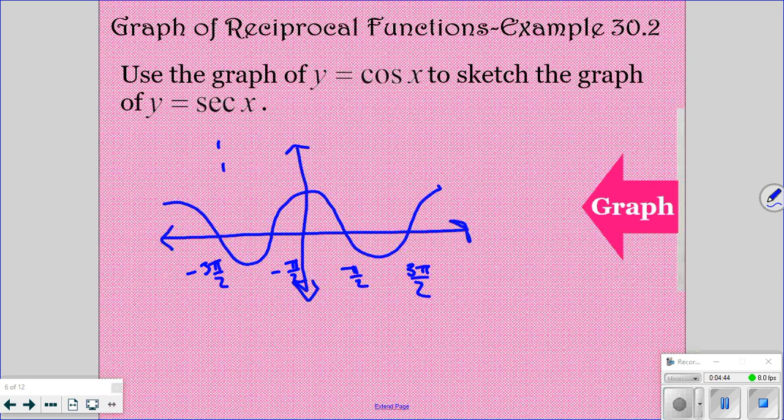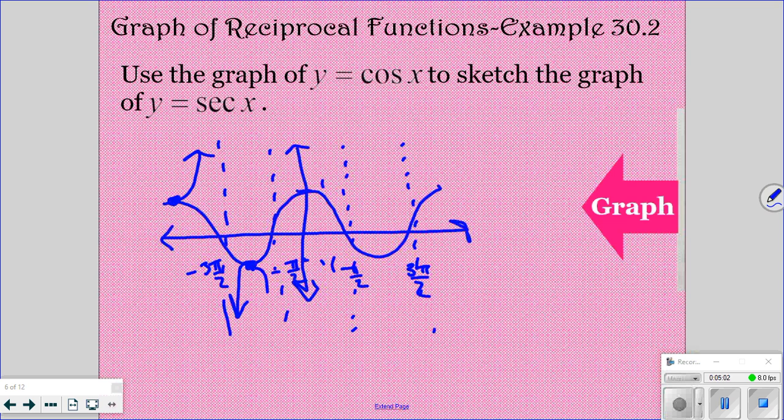And again, everywhere you cross the x-axis, you put an asymptote, because the reciprocal of 0 is undefined. And then this is where our 1 and our negative 1 happen, and so everywhere those happen, you put a dot, and then they approach your asymptote. So it kind of looks like a lot of U's. So that would be how you get secant.